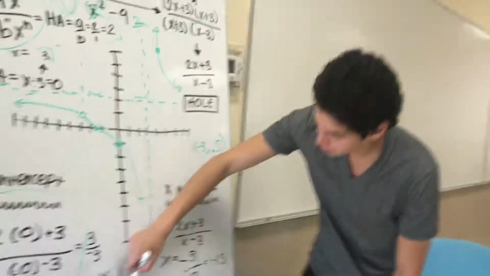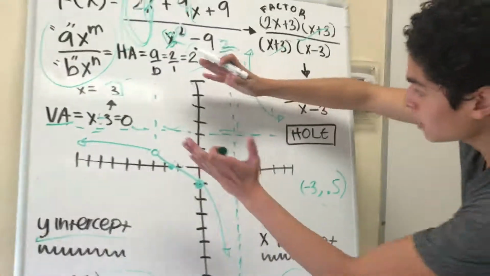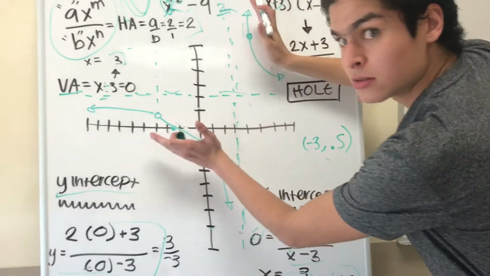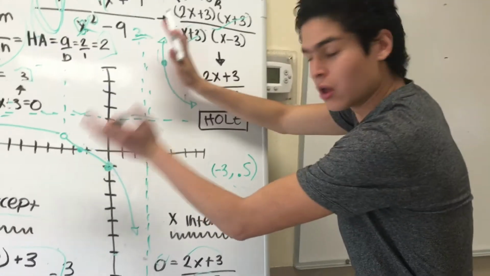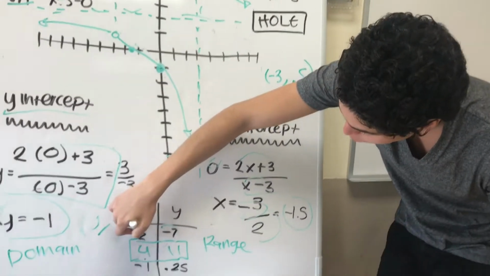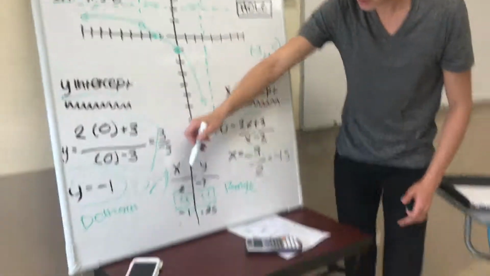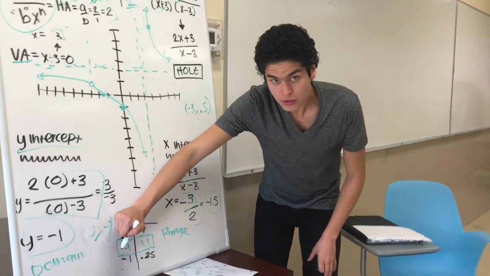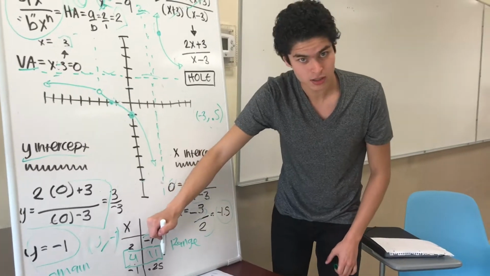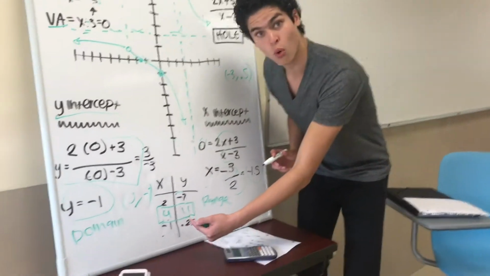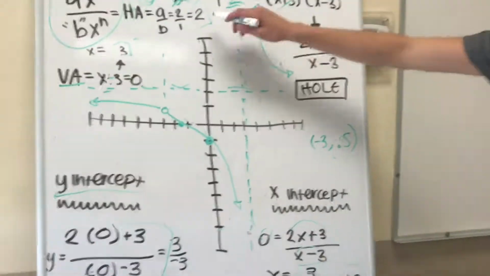Yes? And that will give you the y. But it has to be in these spaces because that's the graph. So in here we chose 2, which will give us -7 in y. We chose 4, that will give us 11 in y, and -1, which will give us -2.5.